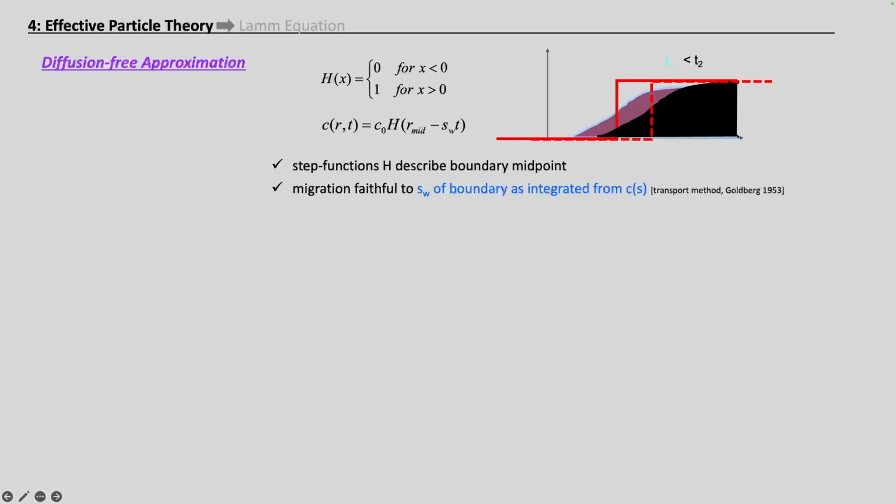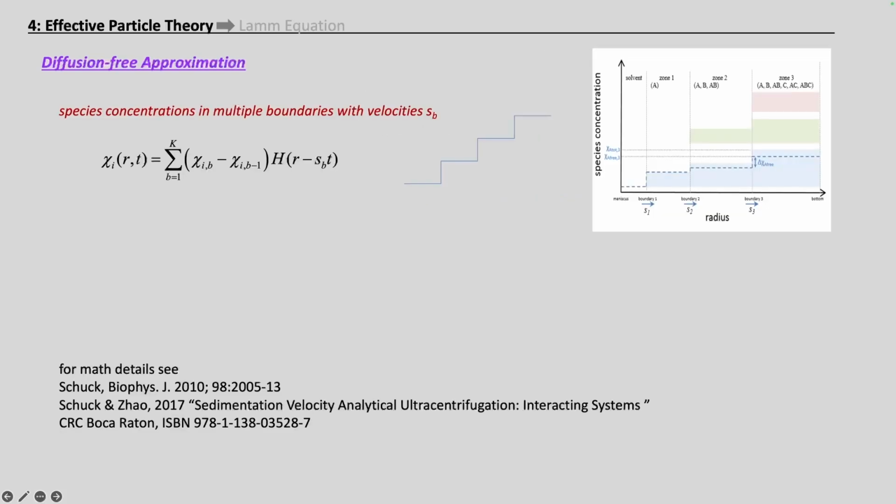So what can we do with these step functions? Well, we can combine them to represent for each species the concentration step migrating with the zone boundaries. This, for example, is species i. Its change across the boundary B in concentration, and the boundary moves with the velocity S_B.